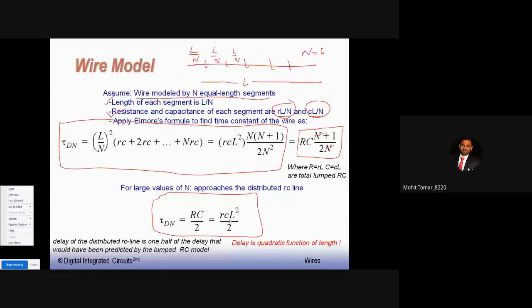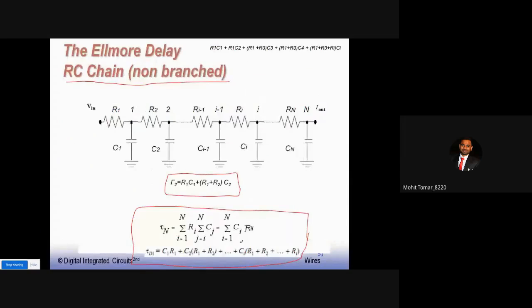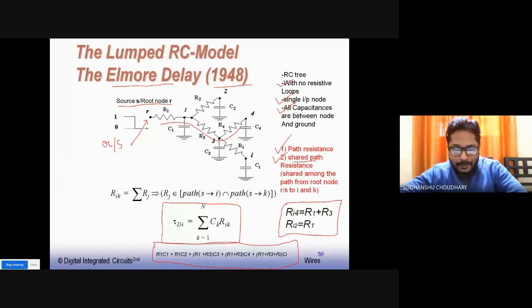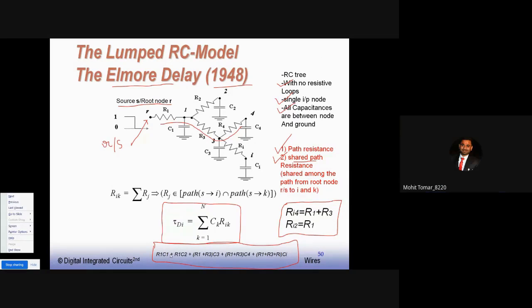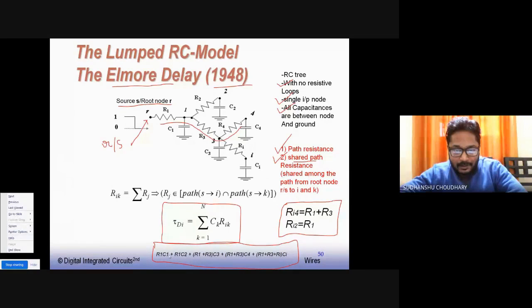Sir, how will this increasing term come, sir? RC plus 2RC, plus nRC, sir. Yeah, so here all R's and C's are equal. Right. So you will add this, that is from here itself you will see 2RC3. Similarly, 2RC4, 3RC5, and so on.